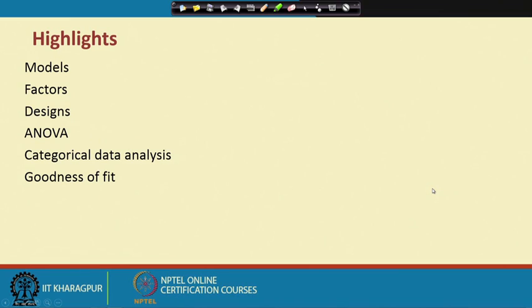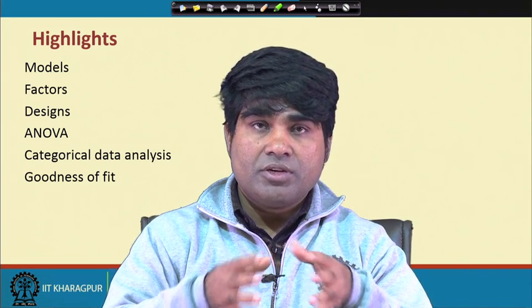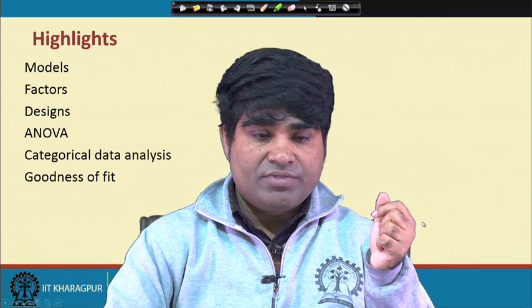The highlights of today's discussion will be the ANOVA models, followed by factors, then designs, and we will connect with the concept of ANOVA, dealing with problems, categorical data analysis, and finally the goodness of fit.